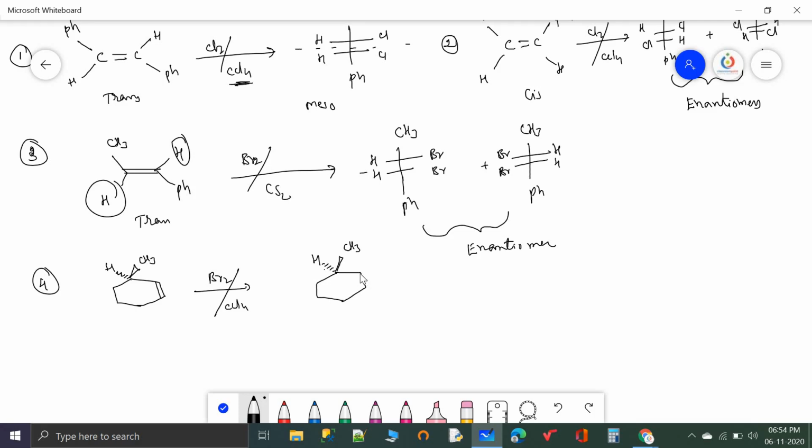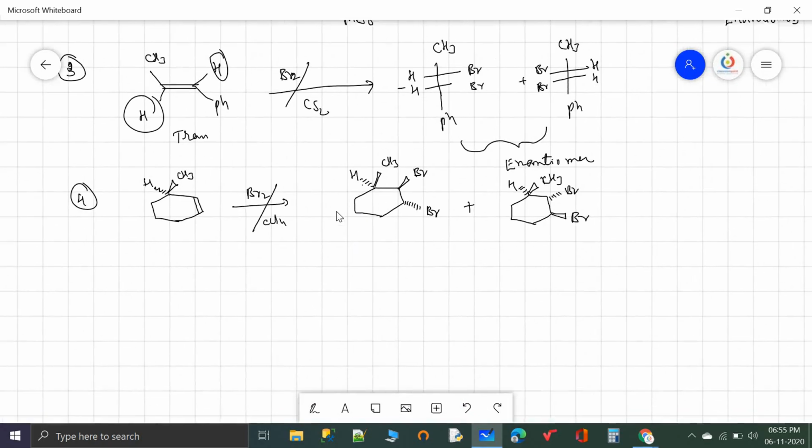But the bromines, because they will add on the opposite side, if one bromine comes above the plane, the other bromine will be on the opposite side. Or else you can get this type of product also. So this type of compound always gives two products. Here CH3, hydrogen. Now there is a chance that this bromine may be below the plane of the ring and this bromine may be above the plane of the ring.